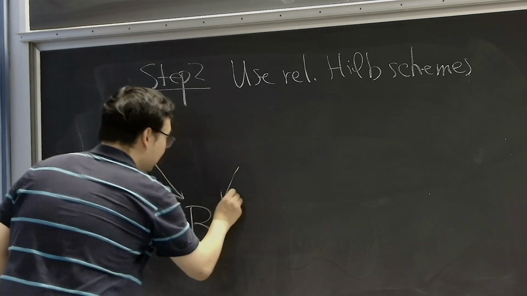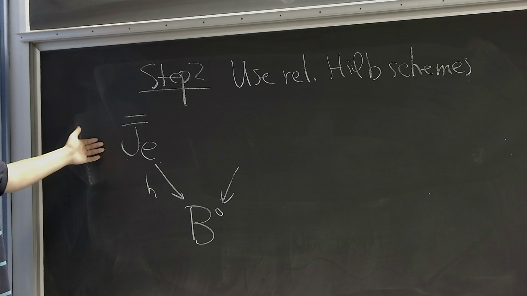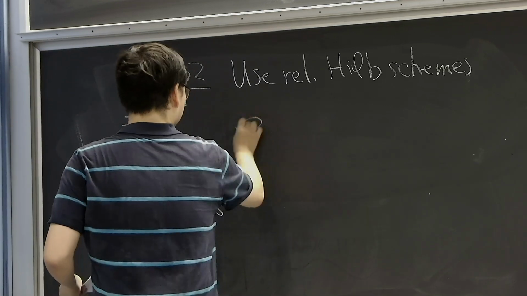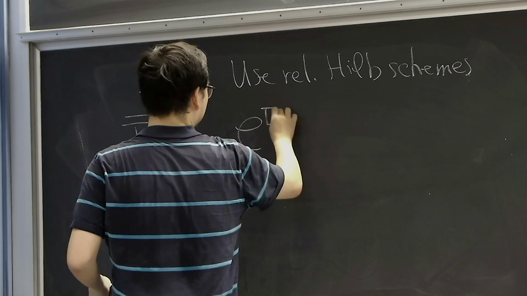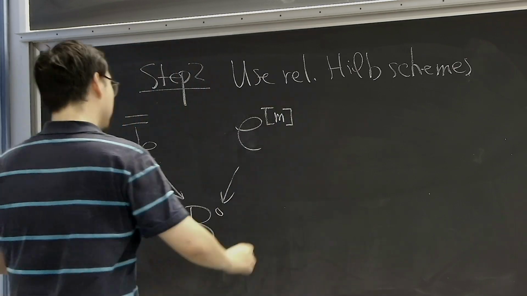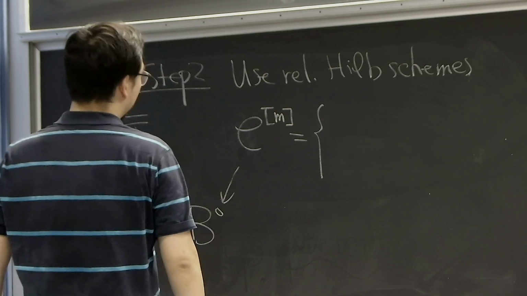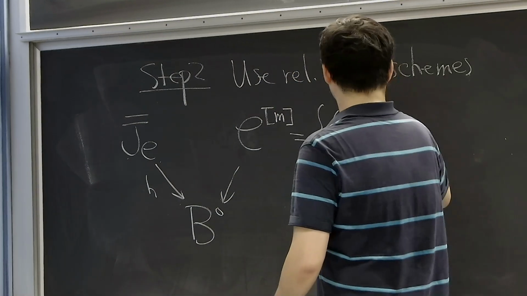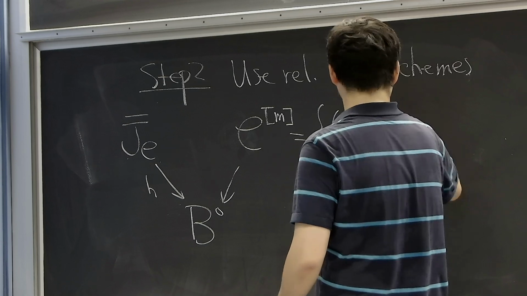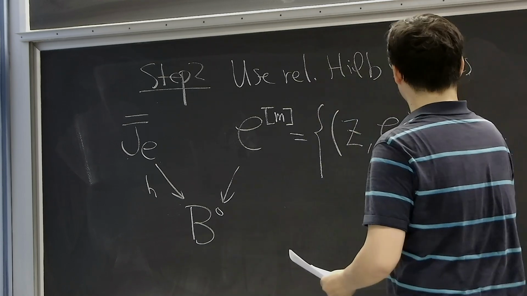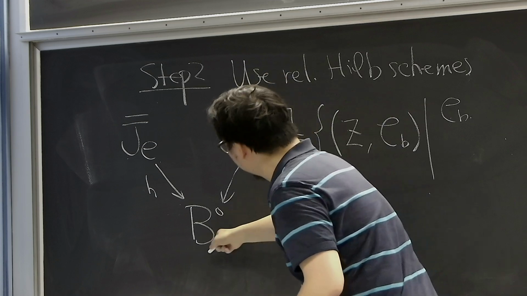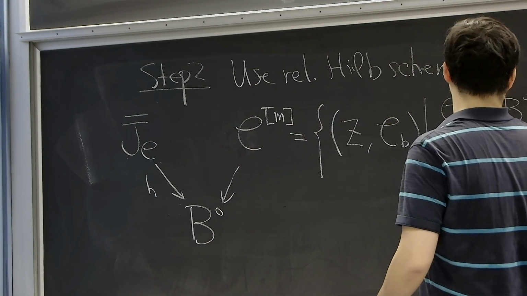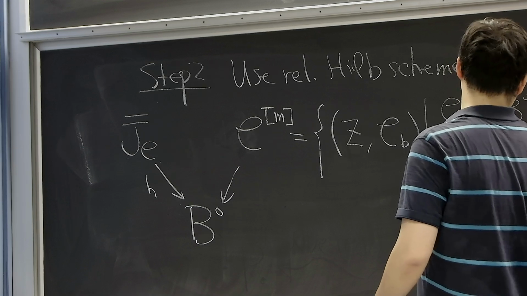But on the other side, we can consider a list of spaces associated with C, which are the relative Hilbert schemes, indexed by some M. These are relative C schemes, which are zero-dimensional, the pairs Z and CB, where CB is a curve inside B0.